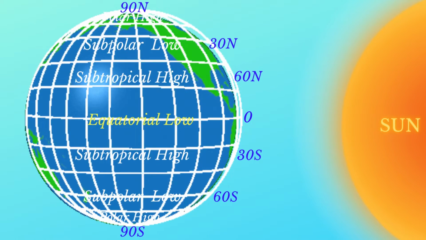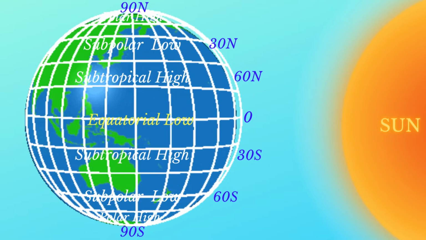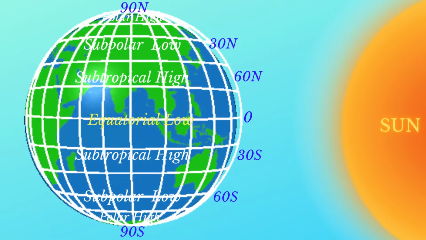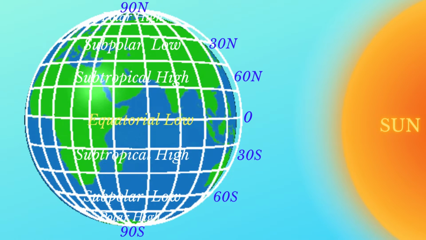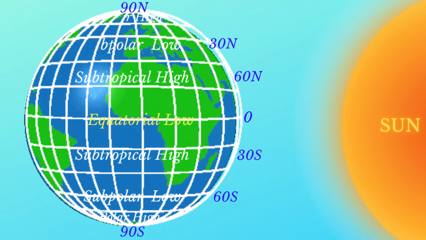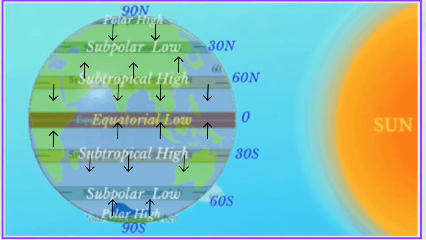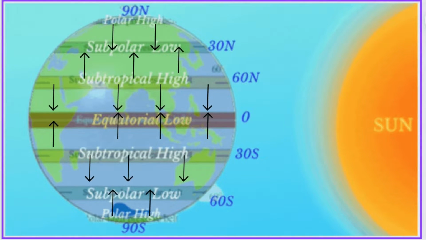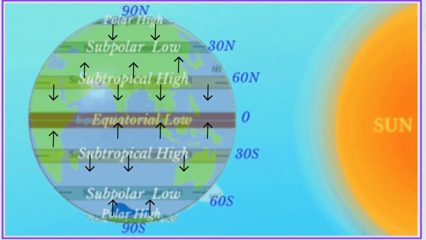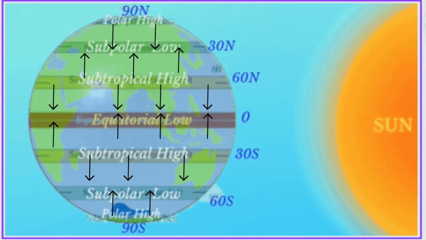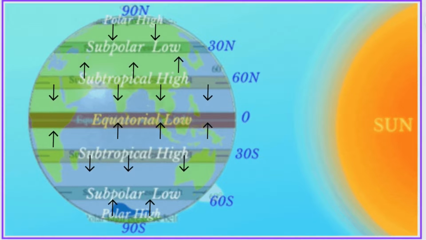So these pressure gradients are responsible for initiating large scale winds that we refer to as planetary winds. If the Earth was not rotating, the winds would blow directly from the belts of high pressure to the belts of low pressure. However, we know that this is not the case.